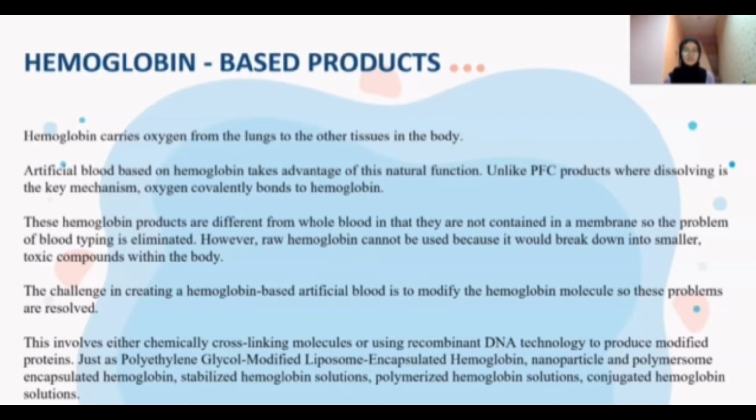Various strategies are employed to stabilize hemoglobin, and this involves either chemically cross-linking molecules or using recombinant DNA technology to produce modified proteins, such as polyethylene glycol modified liposome encapsulated hemoglobin, nanoparticle and polymer cell encapsulated hemoglobin, stabilized hemoglobin solution, polymerized hemoglobin solution, and conjugated hemoglobin solutions.